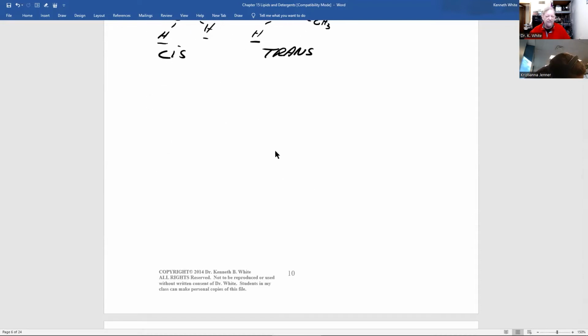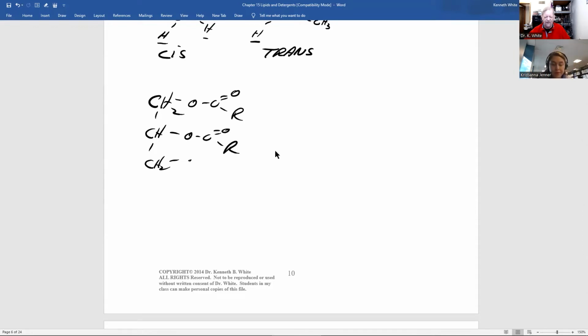If you think about the general structure of a fat or oil, it is right here. And these R groups, when you hydrolyze this, form the fatty acids.